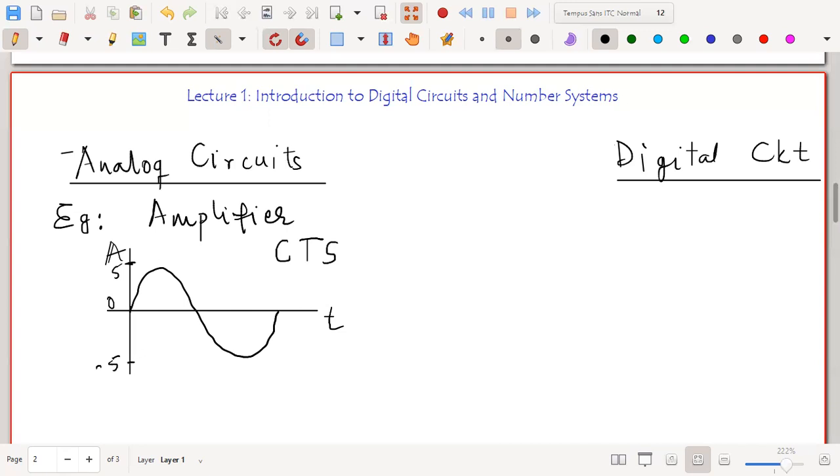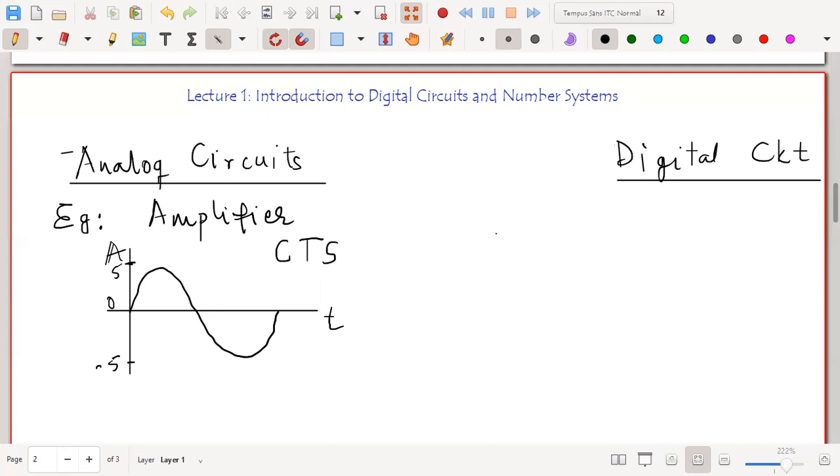For example, it can have 0, or 0.1, 0.2, 0.3, 0.4, 0.568, or 1.725, and so on. Within a specific range, 0 to 5 volt, it can have any value. That is why this kind of signal is known as the continuous time signal, and the circuits which can process such signals are known as analog circuits.